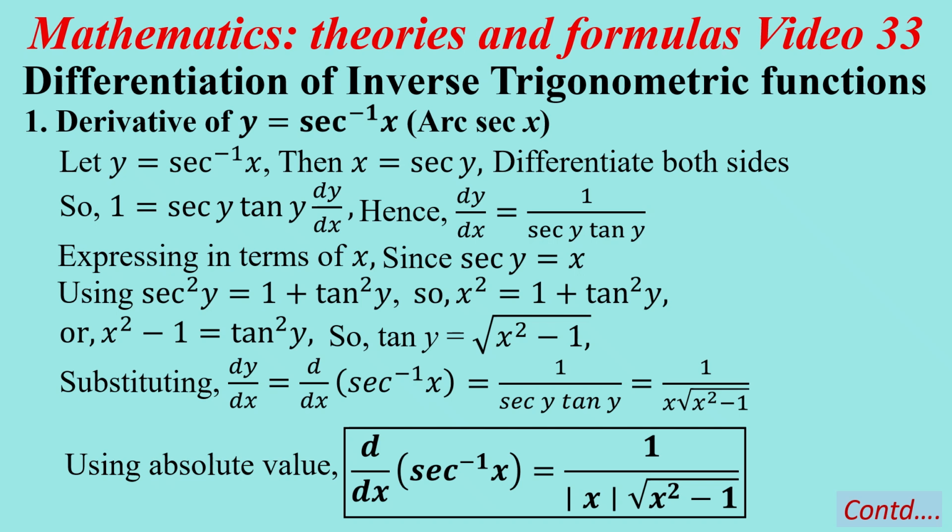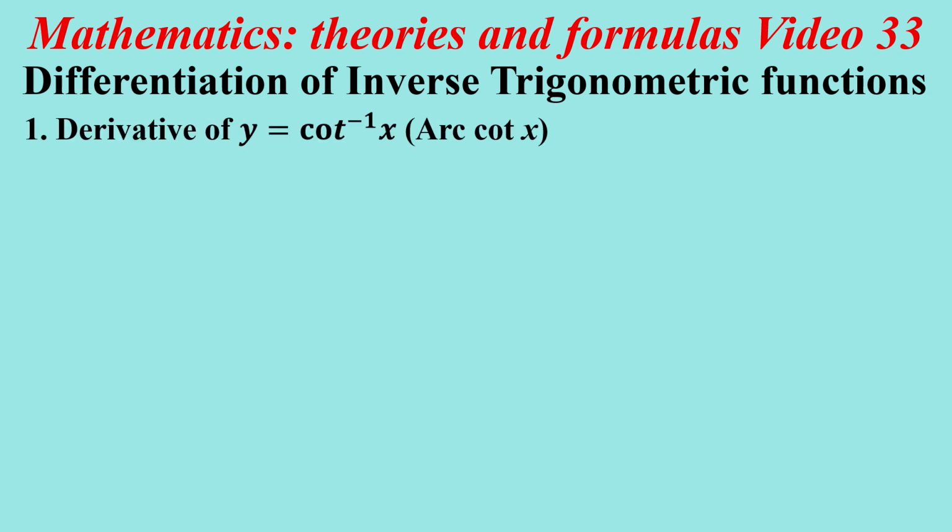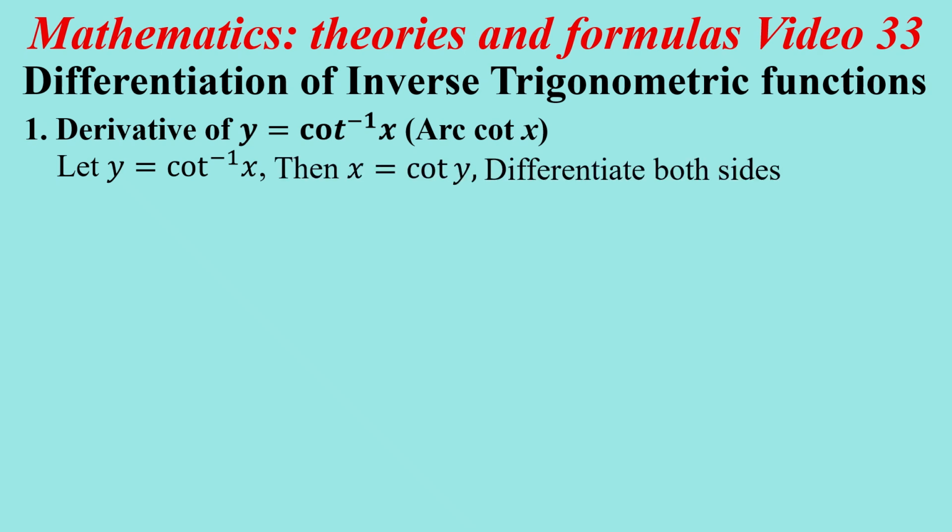Now next we are going to have the derivative of the inverse trigonometric function y equals cot inverse x or arccot x. So if y equals cot inverse x, then we get x equals cot y.